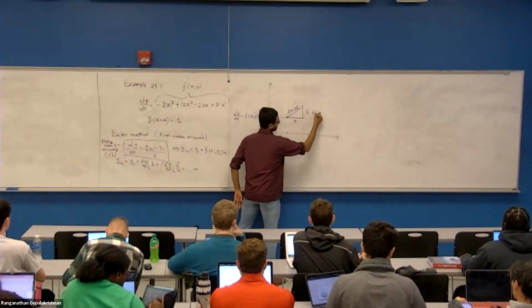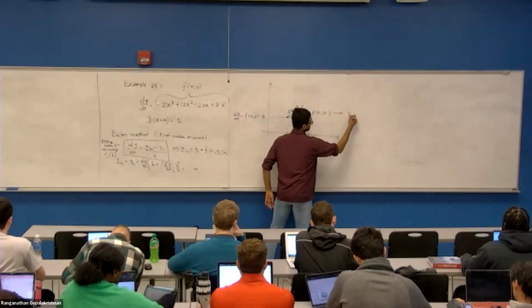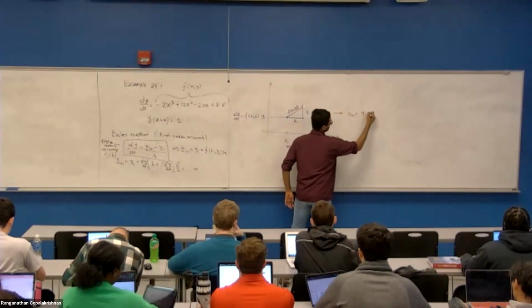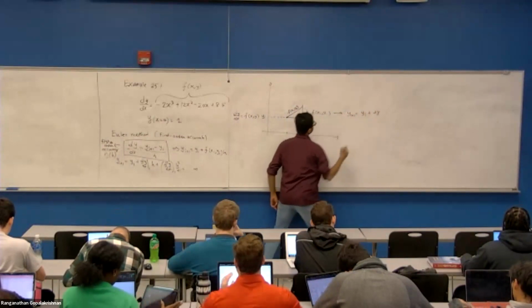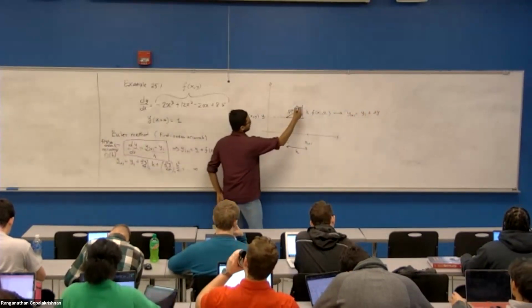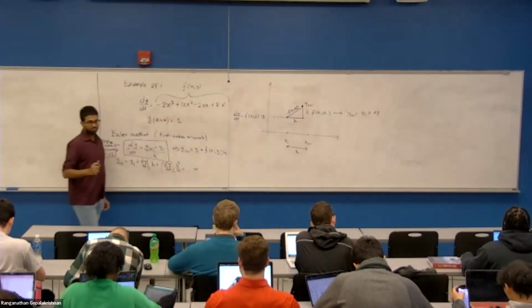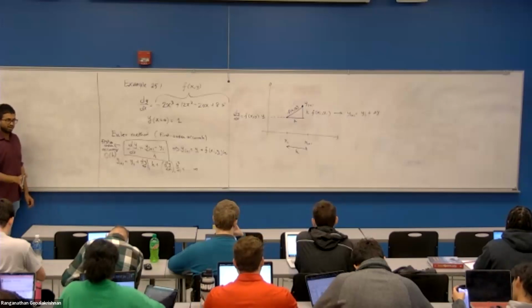So this is h times f of xi yi, and then we added this to y to compute the next value. So this is your y i plus 1. Okay, this is what we literally did.